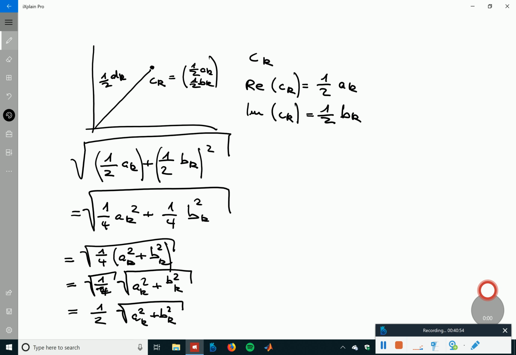I didn't quite follow the last thing, but if one does the whole thing with variables, one sometimes has the feeling that these are not numbers, but of course these are numbers. So let's say that c_k is something like 2 plus 3i. Then we have here 1/2 times 2, and here 1/2 times 3.